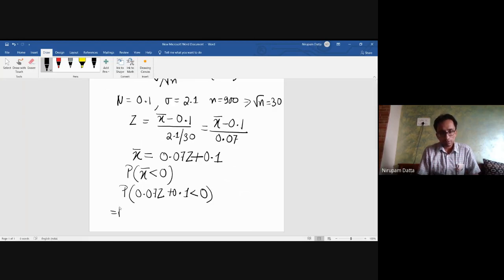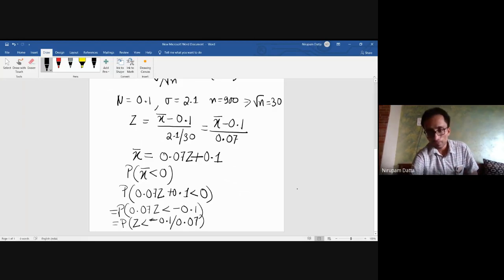This means the probability that 0.07 Z is less than minus 0.1, so the probability that Z is less than minus 0.1 by 0.07.